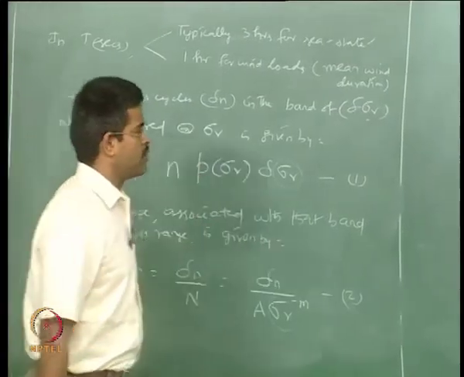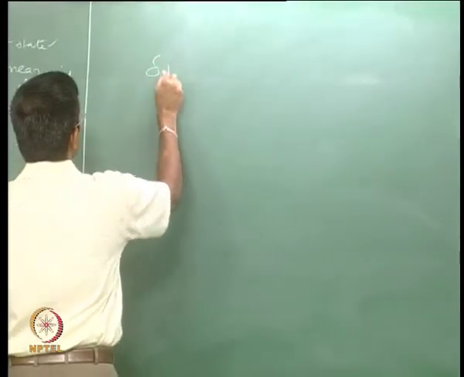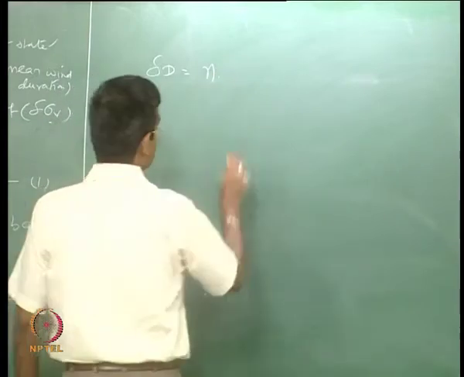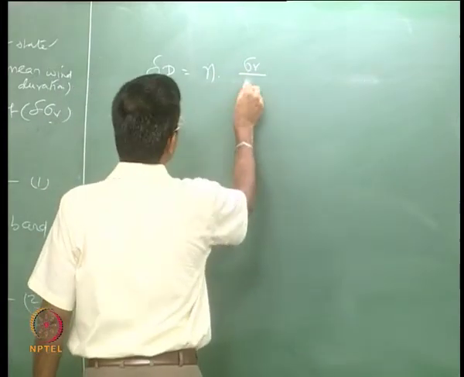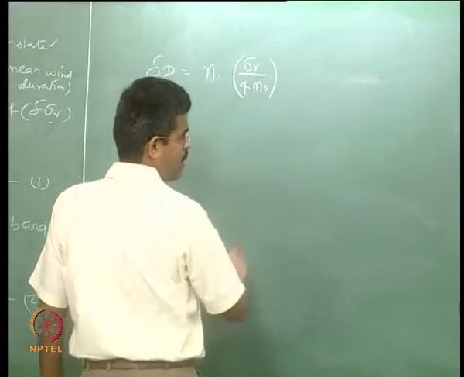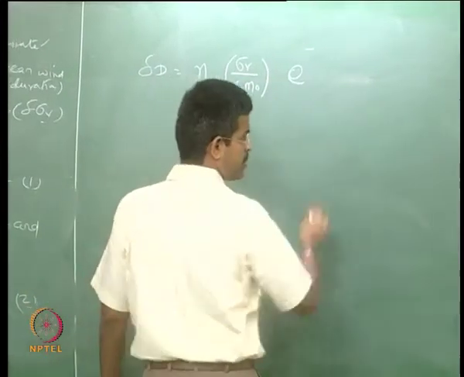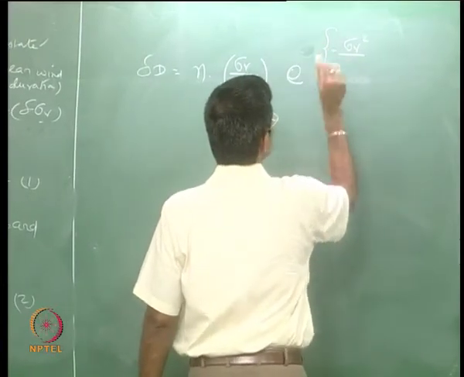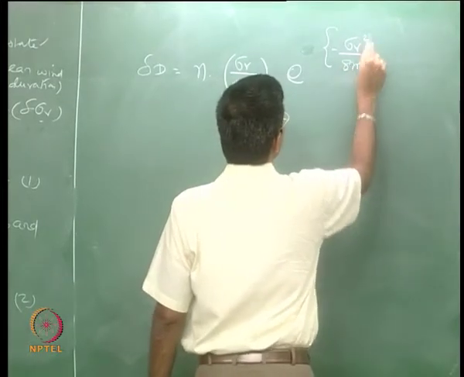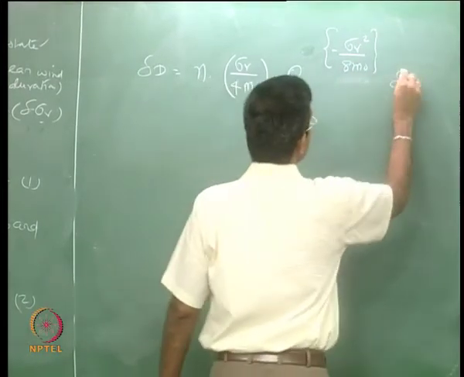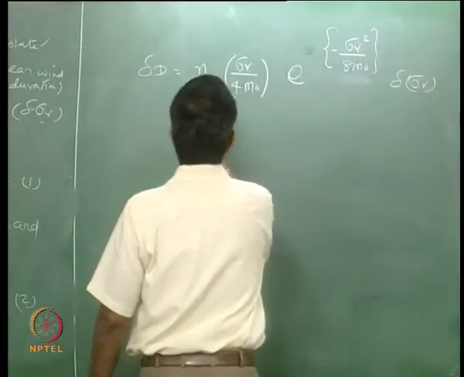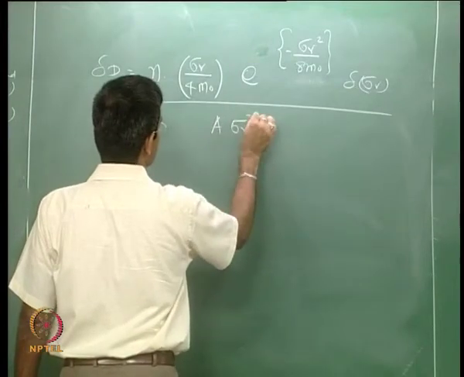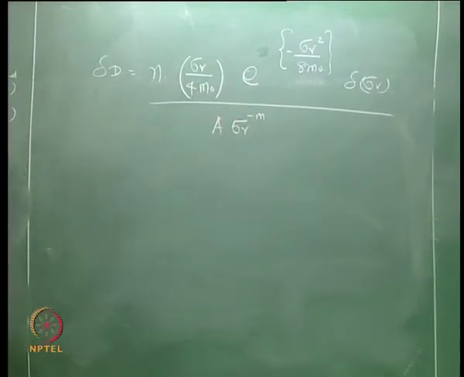Let us substitute all of them back and see that delta d can now simply be n times the probability density function, sigma r by 4 M0, e to the power of minus sigma r square by 8 M0, times delta sigma r by a sigma r to the power minus m. Call this equation number 3.